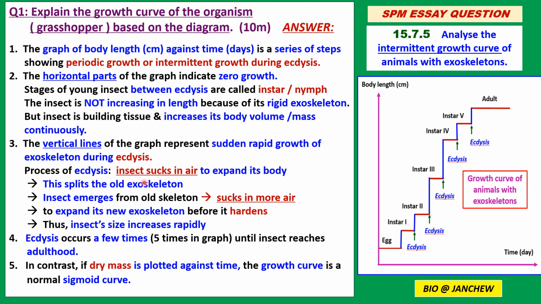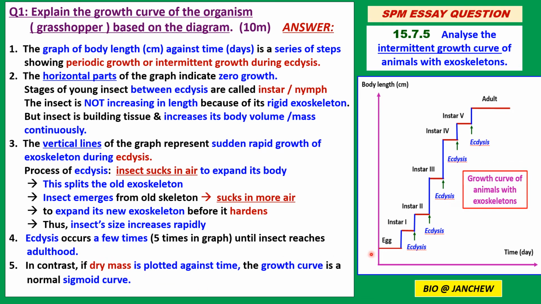The process of ecdysis: the insect sucks in air to expand its body, and this splits the old exoskeleton. The insect emerges from the old exoskeleton and sucks in more air to expand its new exoskeleton before it hardens. Thus, the insect size increases rapidly. Ecdysis occurs a few times, about 5 times in the graph here, until the insect reaches adulthood.